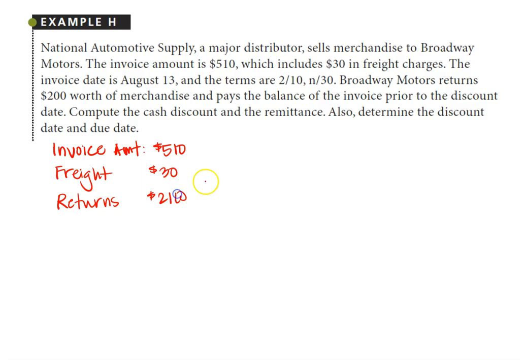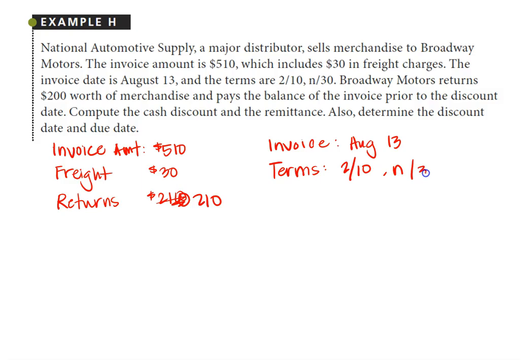In addition, sorry, I'm going to rewrite that a little bit. $210. Okay, my invoice date was August 13th. And my terms are $210 net 30.